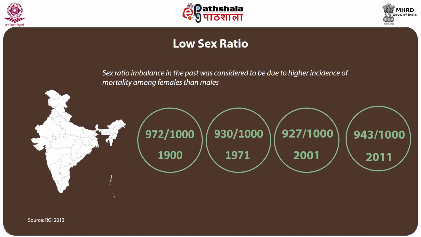In 1901, in India, the sex ratio was around 972 per thousand, but by 1971 it had decreased to 930, and again recorded a further dip to 927 females per thousand males in the year 2001.